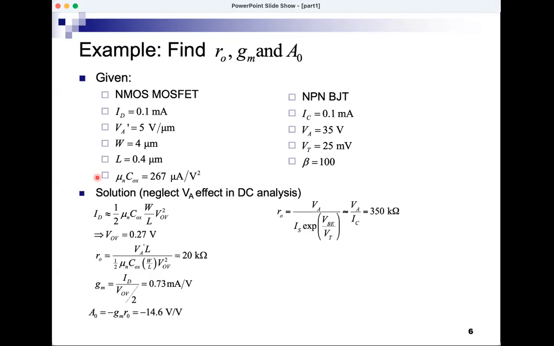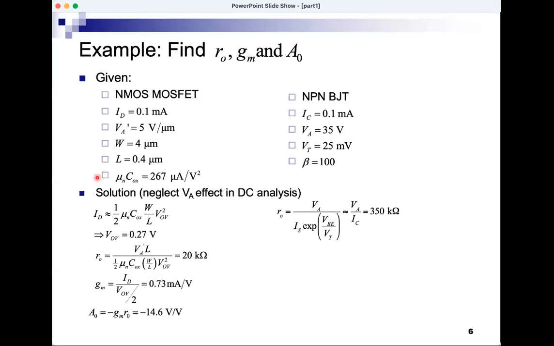For the BJT, RO is VA over IS e to the VBE over VT. Again, we neglect VA, the early effect, in the DC analysis. So RO is approximately VA over IC, and that's 350K. VA in this case is 35 volt.